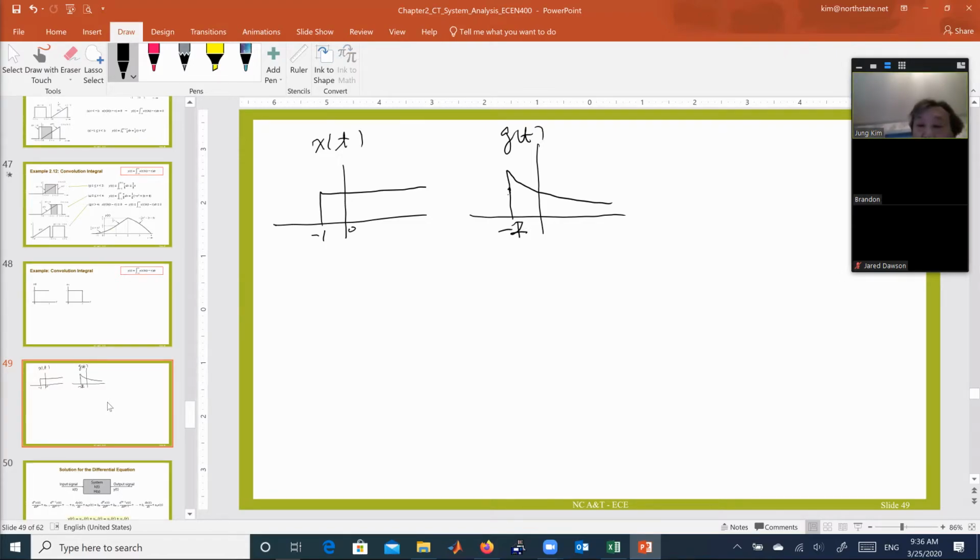Okay, so let's say this is an exponential function. So let's say 2 times e to the, let's do any number, let's do -2t, because I think the textbook did not indicate the function here.